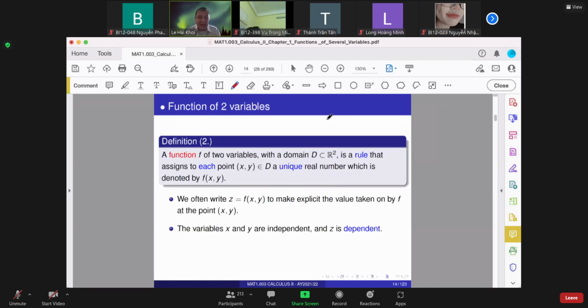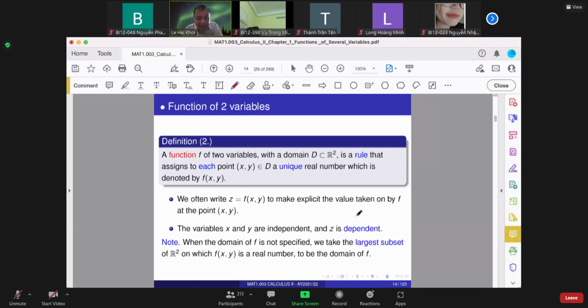In this case, you see x and y are independent, which means that they freely run over the domain D. But for each x and y, substitute into the formula of f, you get the value of z, which means that z is the dependent variable. Value z depends on what x and y are.